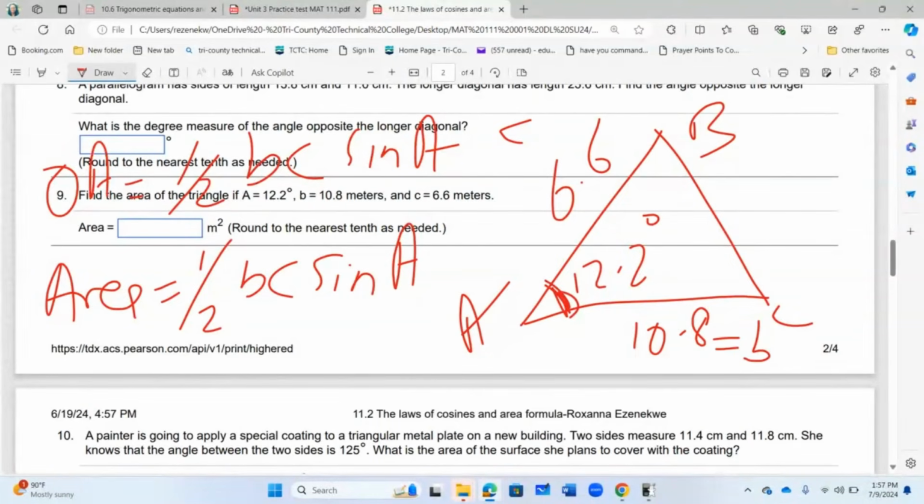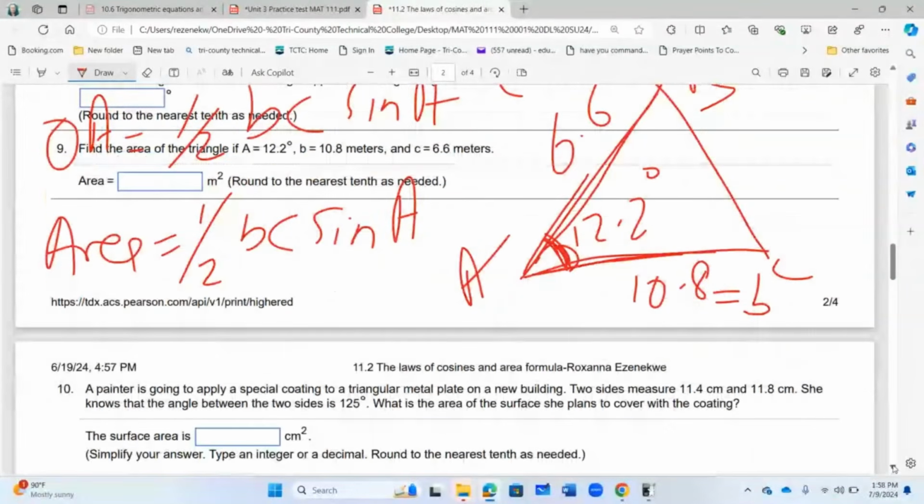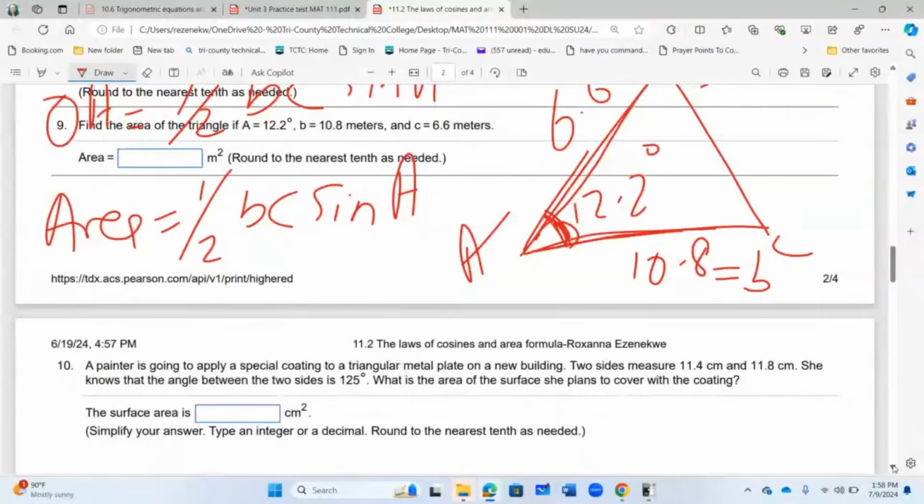These two sides given to you are holding the angle you have. Let me plug in and find the area. The sides are in meters, therefore the area will be in meters squared.